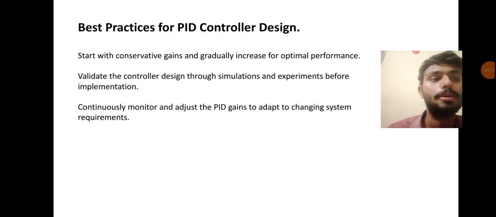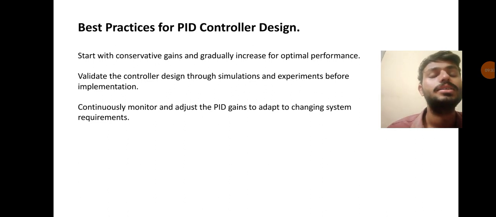Best practices for PID controller design. Start with conservative gains and gradually increase for optimal performance. Validate the controller design through simulation and experiments before implementation. Continuously monitor and adjust the PID gains to adapt to changing system requirements.